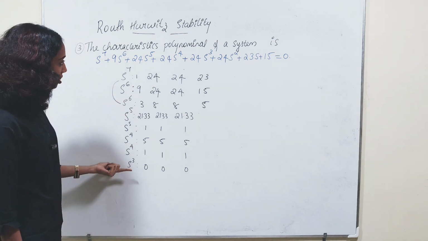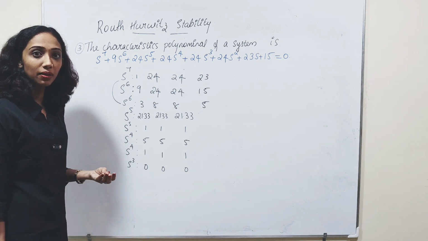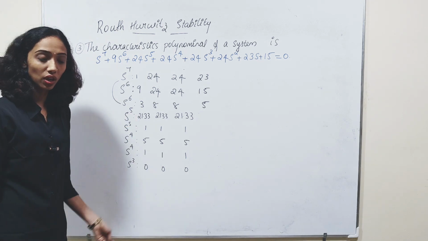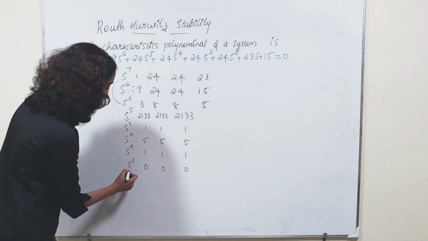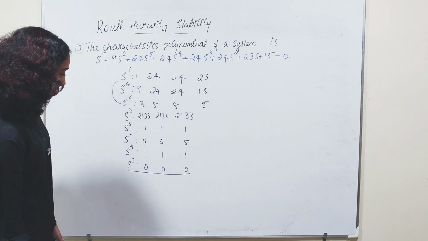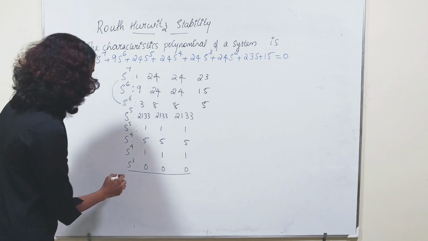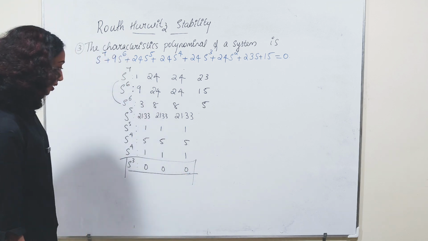We didn't finish this step up to s raised to 3. We can check the stability by going down to s raised to 0. For that, since we get a complete halt here, we can assign an auxiliary equation.